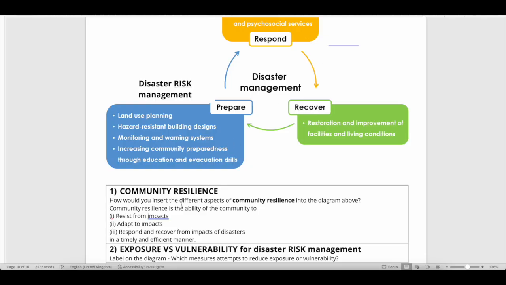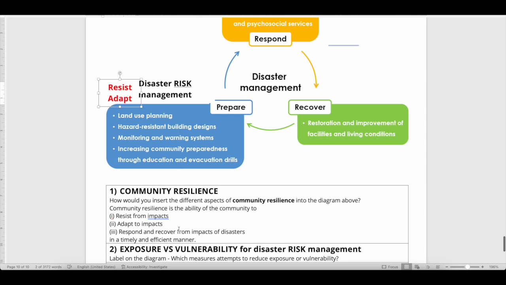All right, so community resilience, resist impact. How do we resist impact? We resist impact by preparing beforehand and adapting. For example, we adapt by building hazard-resistant buildings. We resist by building structures, and we prepare ourselves to be able to minimize the effects of it.